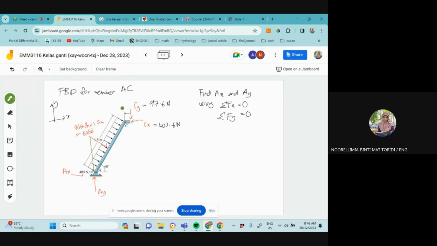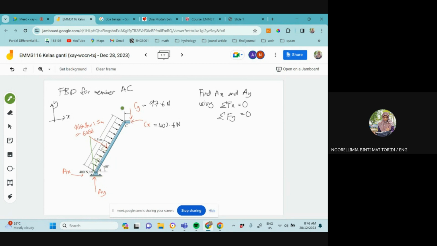We know that this is 60, so this one will be berapa? This one will be 30 degree.